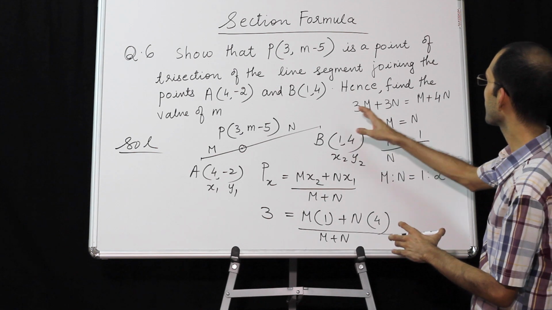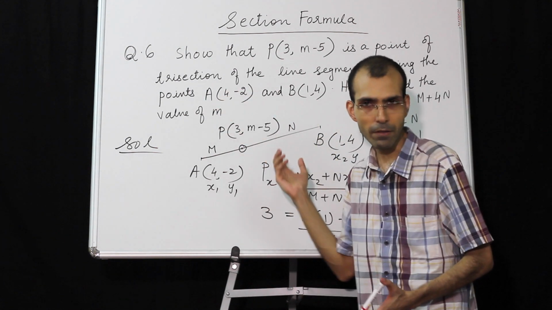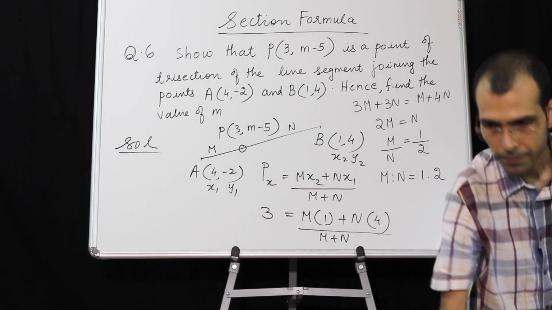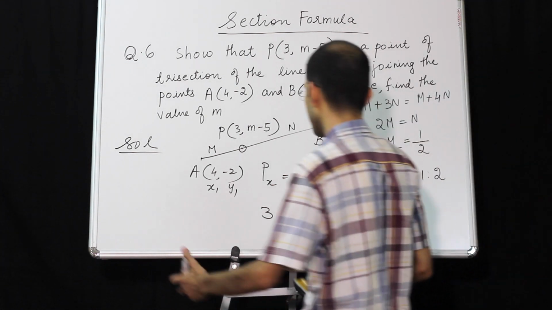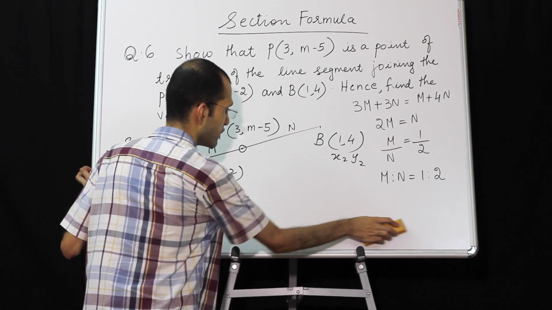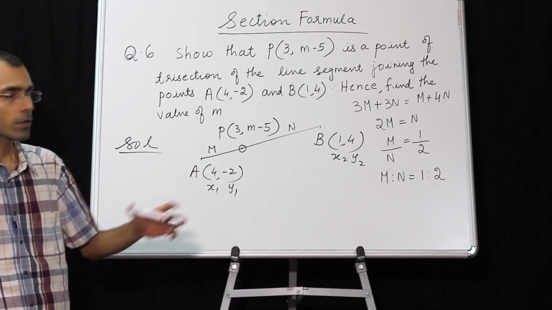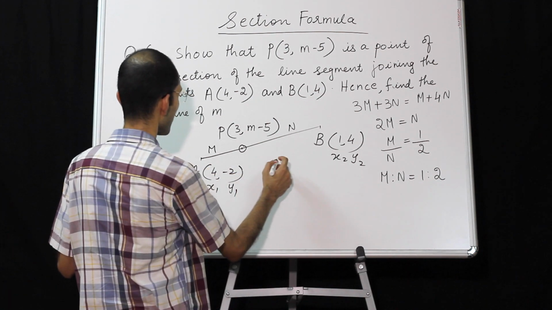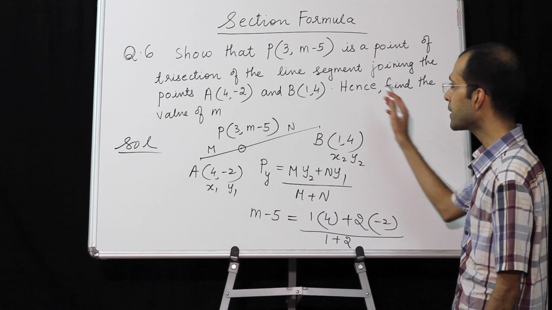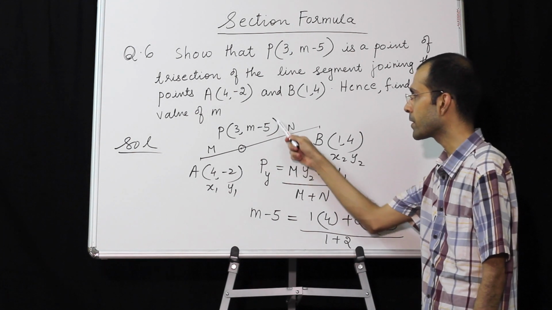Now what else is remaining? Hence find the value of m. So that we will now find. Remember, the ratio is 1 is to 2. Now we want to find the value of m also, so we'll have to catch hold of this Py.